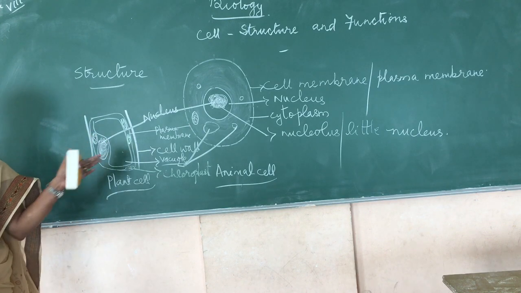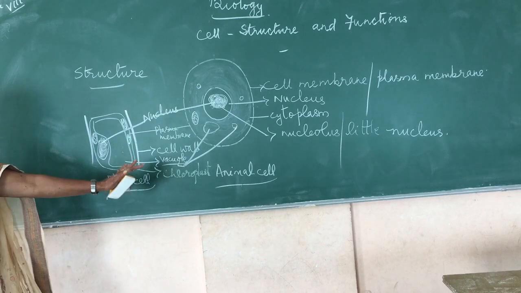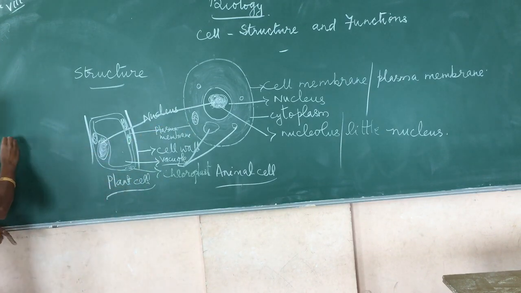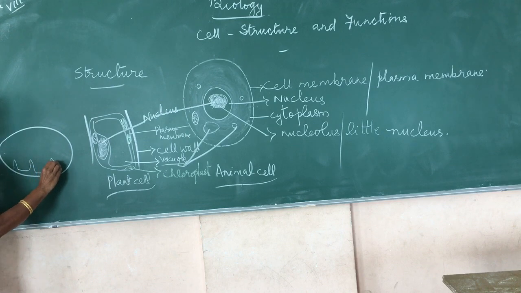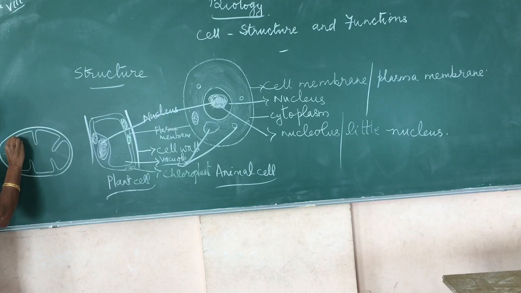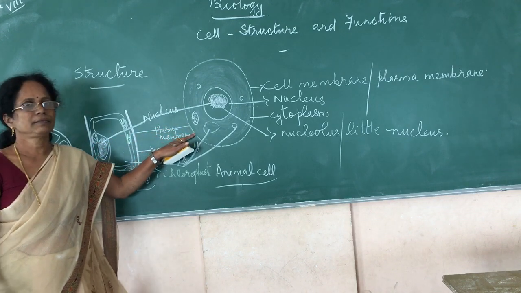Mitochondria are present in both the cells. Many mitochondria here and there. This is mitochondria, it is shown here.